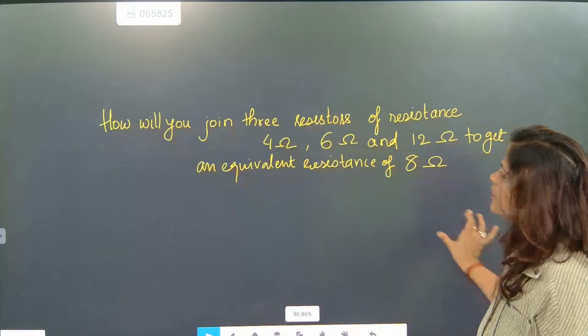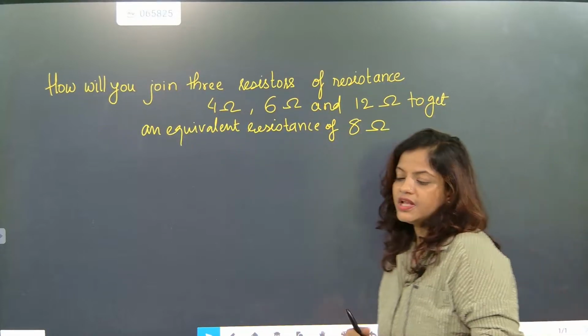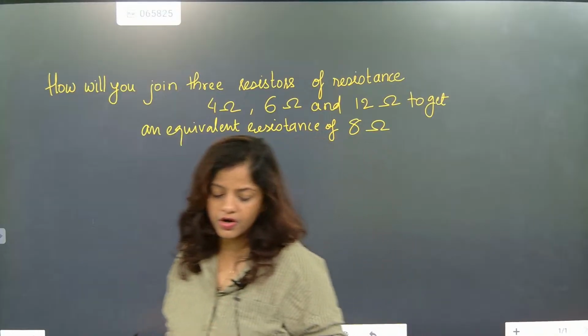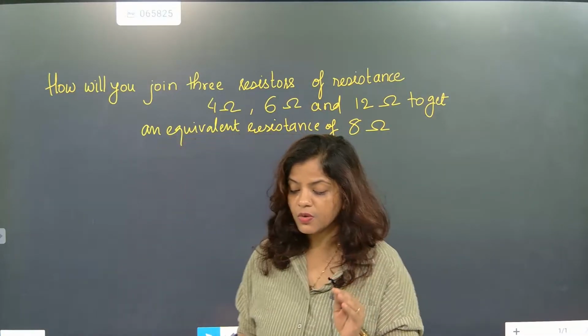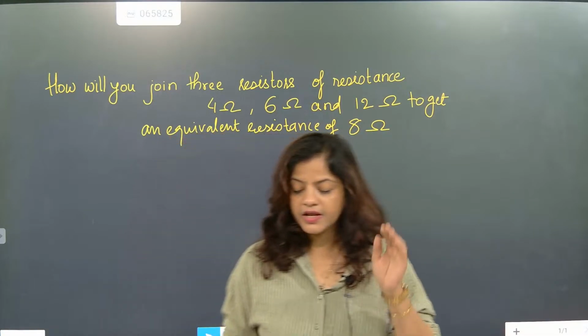This is the first part of the question. So they're asking, how will you join 4 ohm, 6 ohm, and 12 ohm to get an equivalent resistance of 8 ohm?